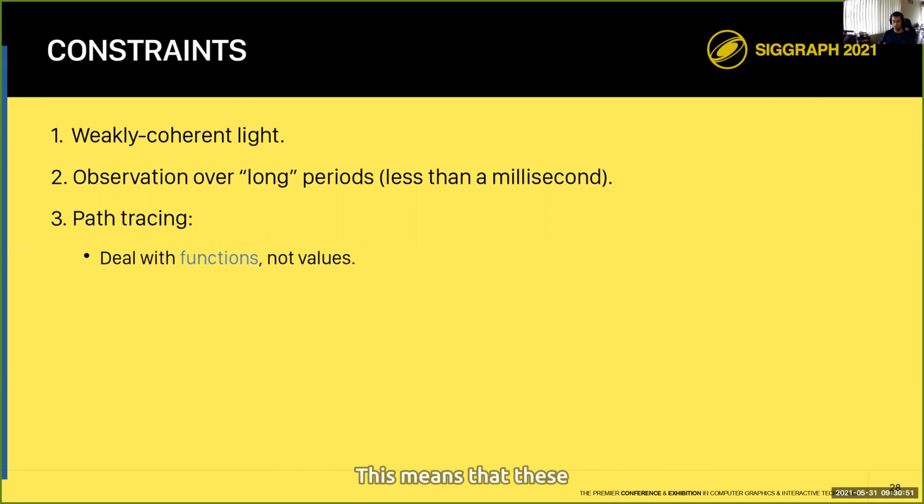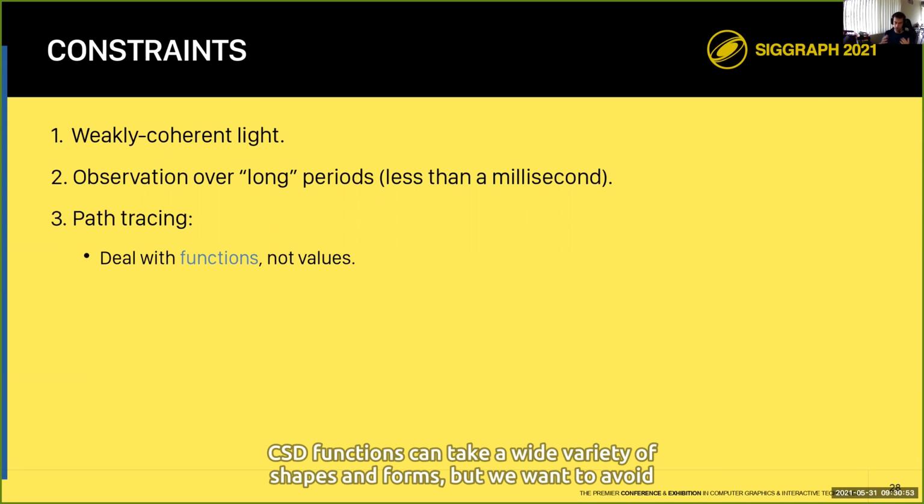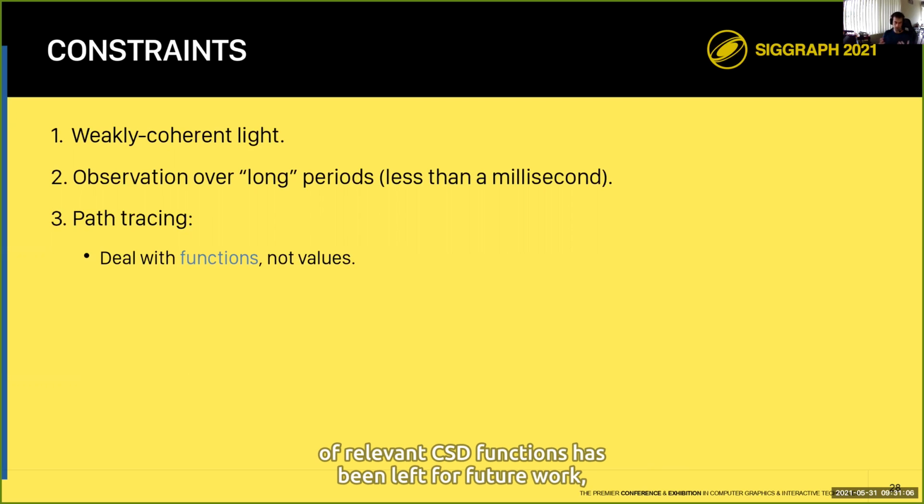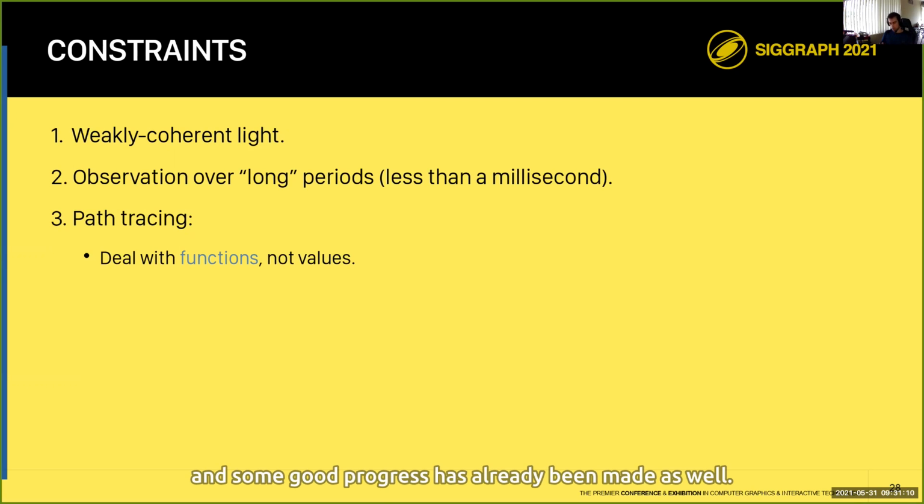This means that these CSD functions can take a wide variety of shapes and forms, but we want to avoid an impractical symbolic treatment. So how to practically represent a large family of relevant CSD functions has been left for future work, and some good progress has already been made as well.